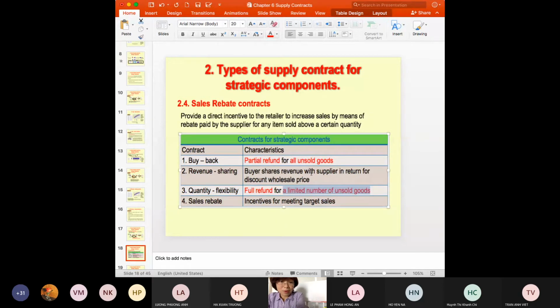And revenue sharing: the buyer shares revenue with the supplier in return for a discounted wholesale price. But for sales rebate, that is intended to meet the target sales.